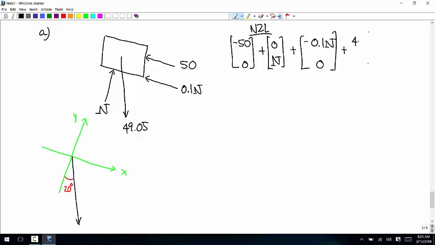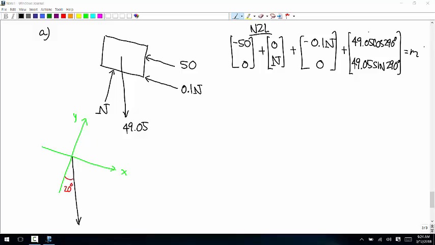This is 49.05 cosine of 290, 49.05 sine of 290. And all that's equal to the mass times the acceleration. What do we know about the acceleration?